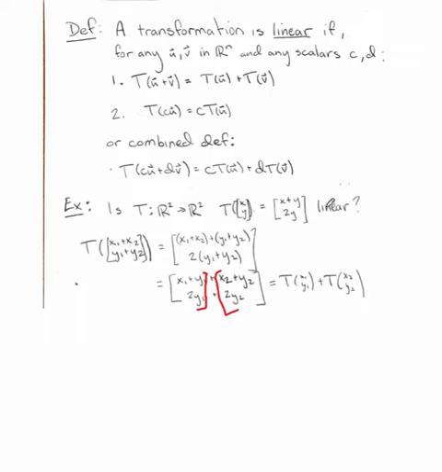So as far as this is concerned, so far it's linear. What we'd still have to do, and it's good practice on your own, pretty easy, is show that T(c times (x, y)) is equal to c times T(x, y). These two together will show that this transformation is linear.